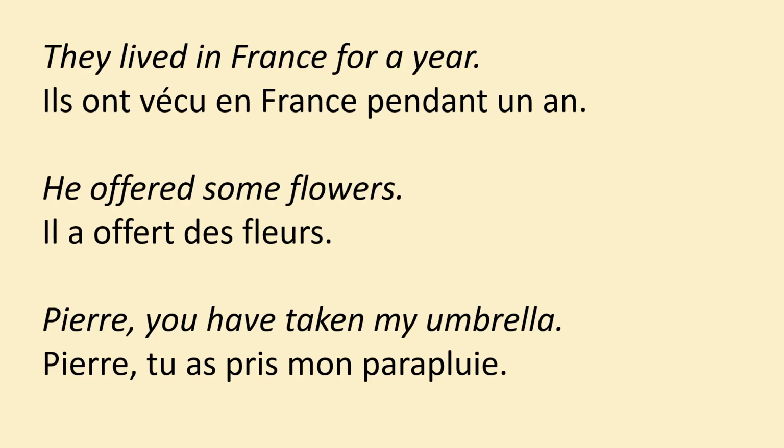Pierre, tu as pris mon parapluie. Here I put tu because I'm using Pierre, which is a first name. So we have to assume that it's very informal. So, Pierre, tu as pris mon parapluie. Have you noticed that even though pris has an S, it's silent?